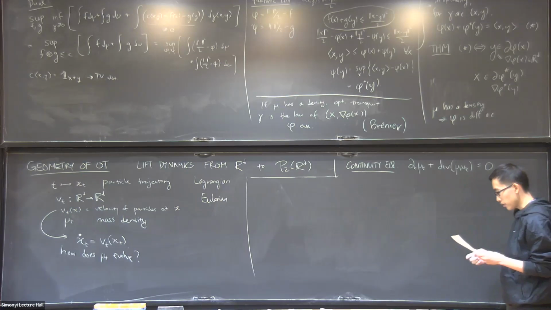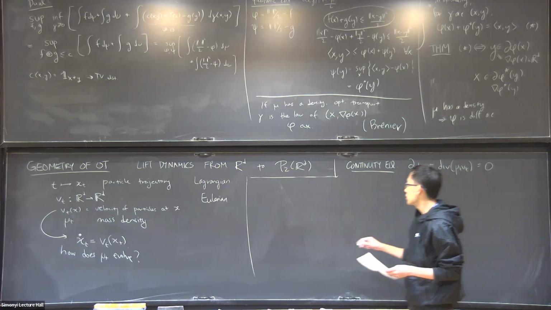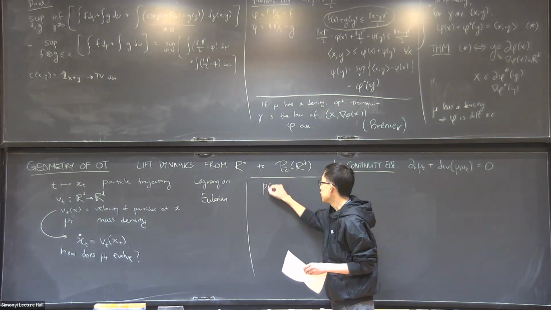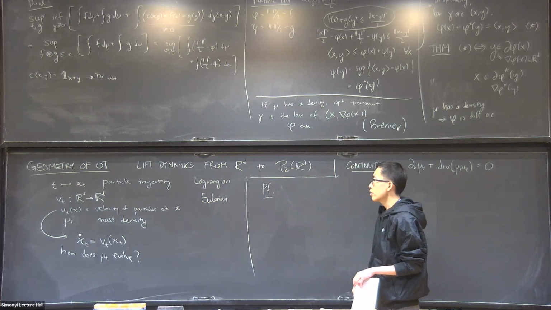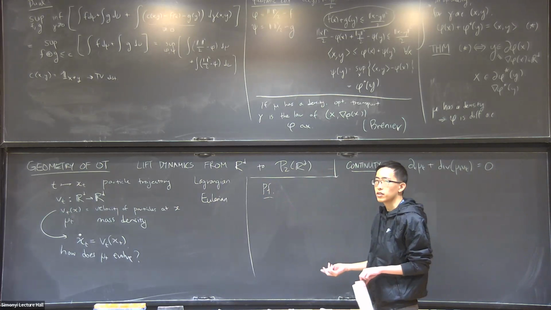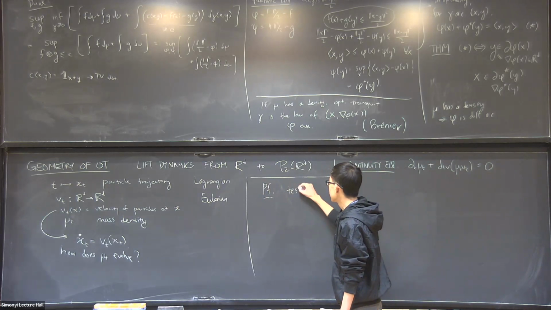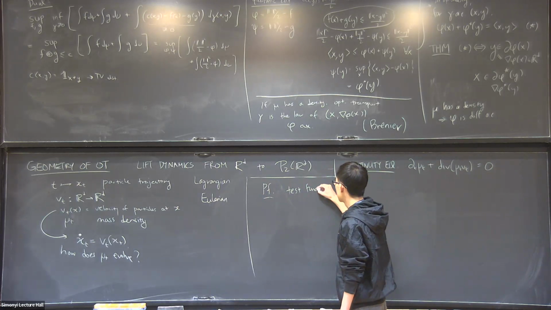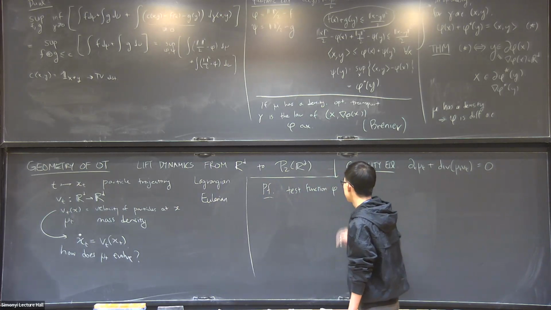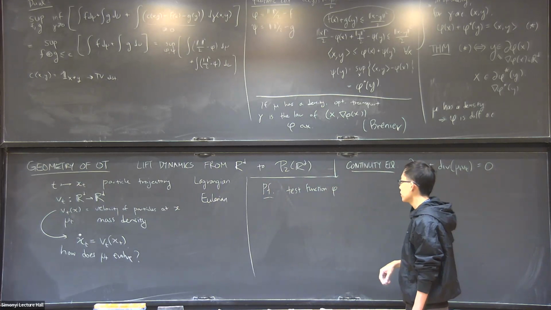Okay, so let's derive why this is true. The idea is the same as how we derive the evolution law for stochastic dynamics. We're going to again consider a test function phi.